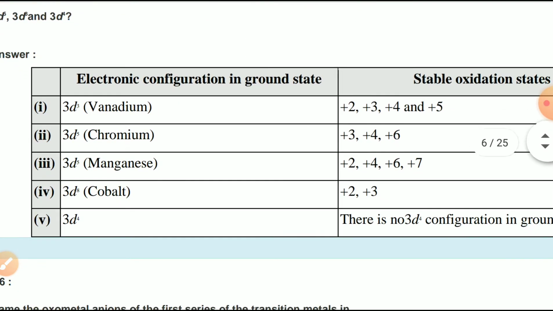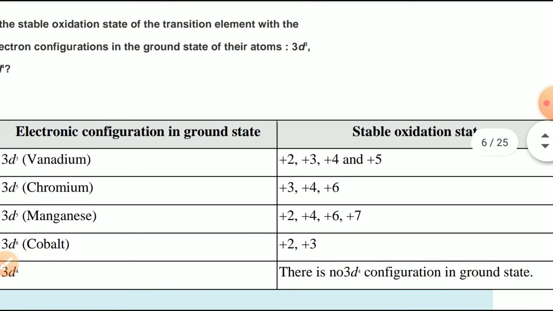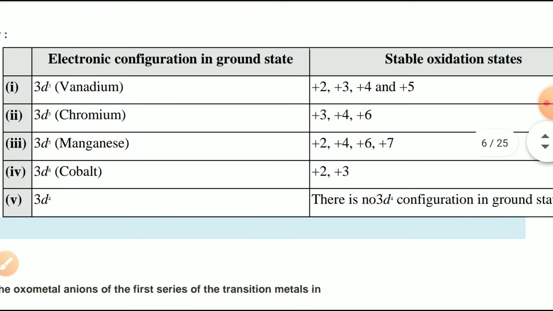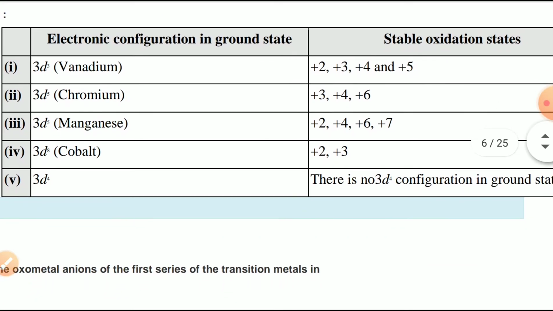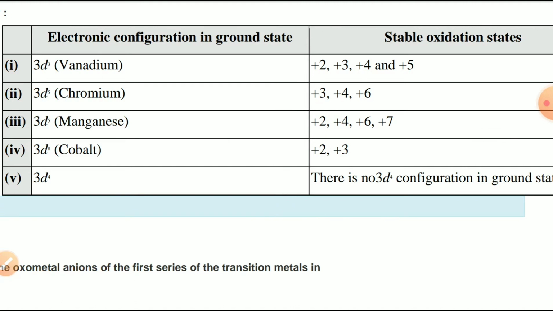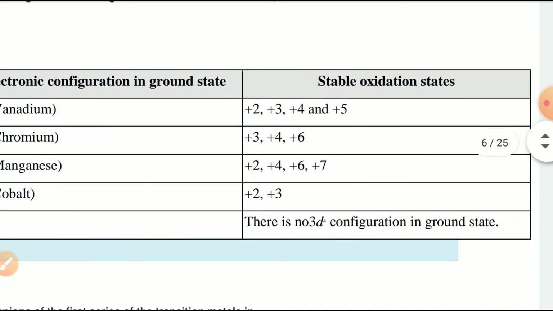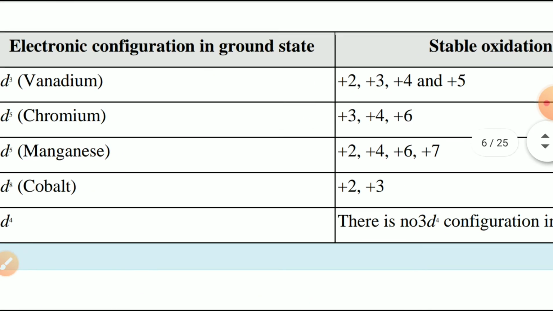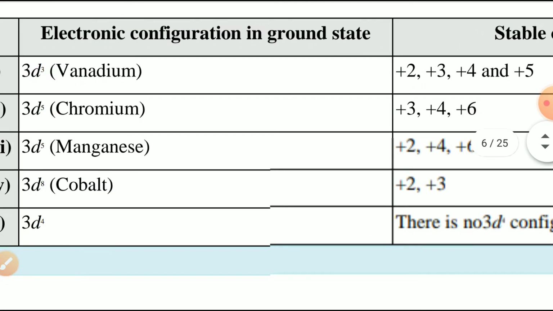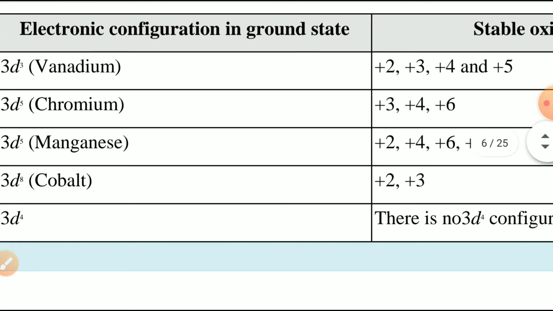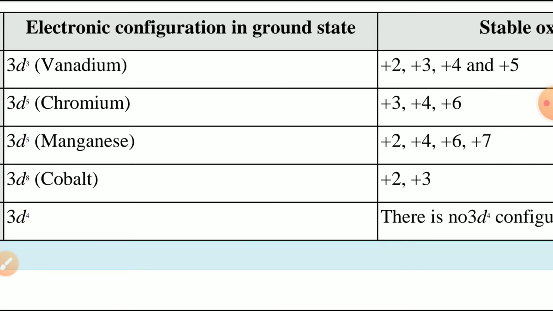So here the answer is given: the electronic configuration in the ground state and stable oxidation state. Vanadium is having 3d3 state, and the stable oxidation states for vanadium are +2, +3, +4, +5. Then 3d5 for chromium is showing the oxidation states +3, +4, and +6.